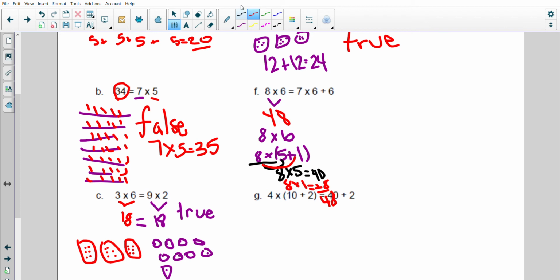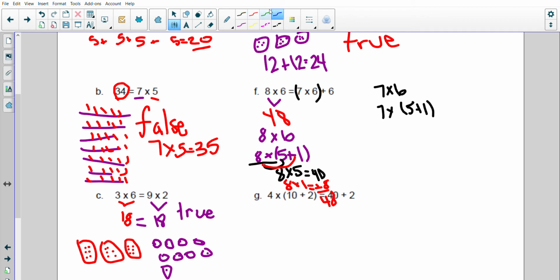All right. When I look at this one, I have 7 times 6 plus 6. So remember in my order of operations, if I have multiplication, I have to do the multiplication first. So I have 7 times 6. Again, I'm going to use this distributive property, break it down to make it easier for me to multiply. So I have 7. I know 6 is the same as 5 plus 1.